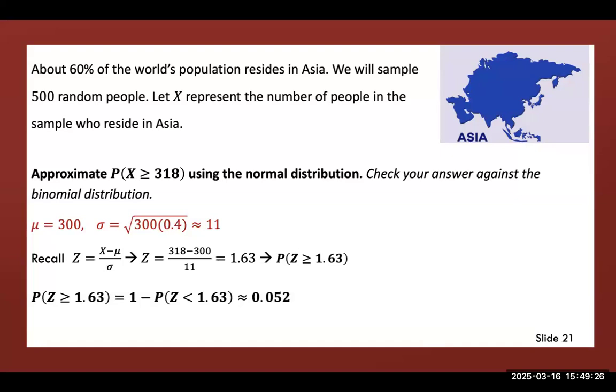The complement of Z greater than or equal to 1.63 is 1 minus the probability Z is less than 1.63. So we can put into Microsoft Excel equals norm.dist. We put 1.63, comma 0, comma 1, comma true. And if you put that into your calculator or your Microsoft Excel, you should get 0.052, or pretty close to that.